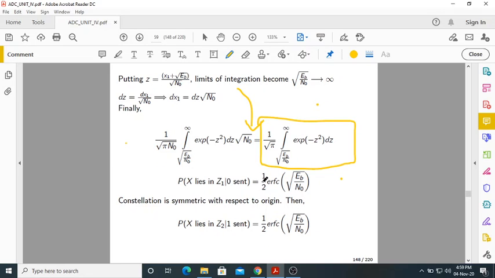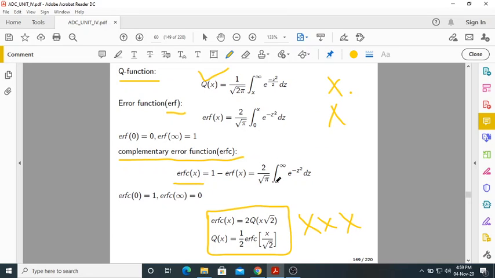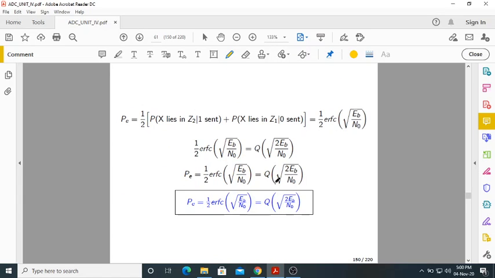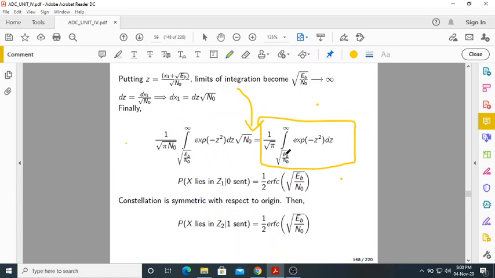That's why I am writing 1 by 2. Here x to infinity, that's why I am writing ERFC of x. Here what is the lower limit of integration? X, upper limit infinity. So this is ERFC of x, where x is the lower limit of the integral. Here the lower limit of integral is root eb by n naught. That's why I am writing root eb by n naught. Now what is this? Probability that x lies in z1 given 0 sent.